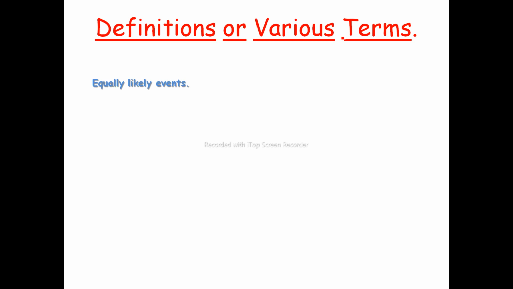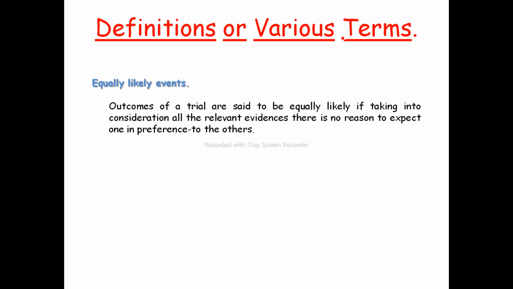Let us check out what exactly equally likely events are. Outcomes of a trial are said to be equally likely if, taking into consideration all the relevant evidence, there is no reason to expect one in preference to the others. So all have got equal chances to win. We cannot give preference that this person will win and that person will win.